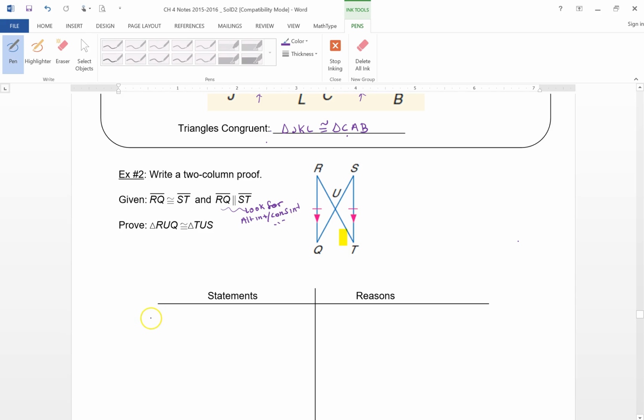Okay, so let's write this down first. RQ is congruent to ST, and RQ is parallel to ST. Okay, so here we already have a congruent side. I want to prove triangle RUQ, this one, and triangle TUS, which is this one, are congruent to each other.